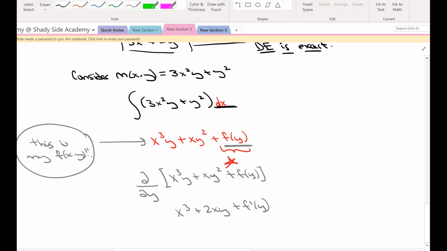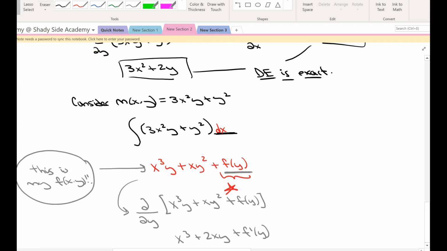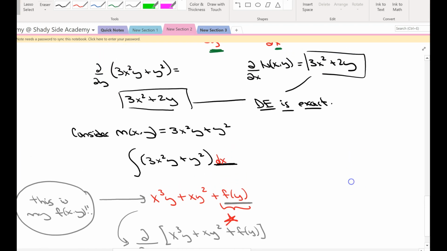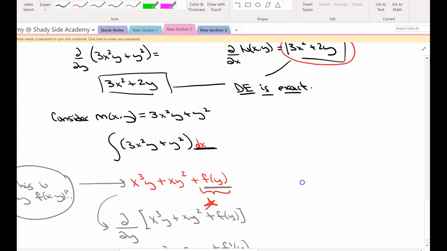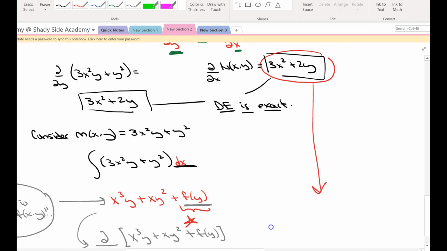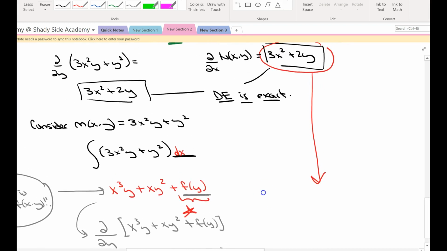But now here's my question to you. When I found my f of xy and then took the partial derivative with respect to y, somewhere else in this picture I have the partial derivative of this function with respect to y. Where was it? So this absolutely better equal this.